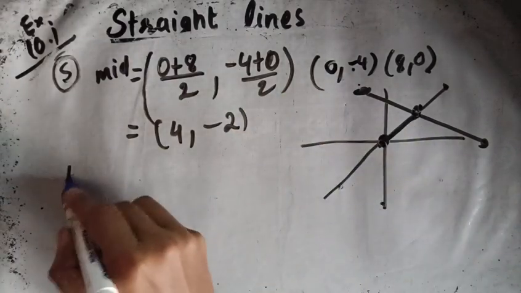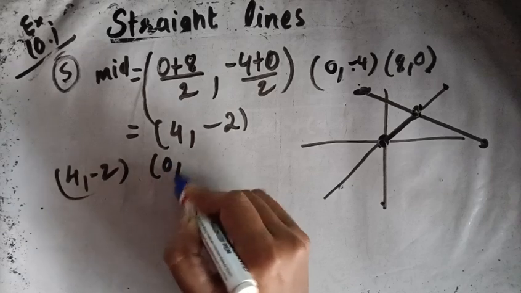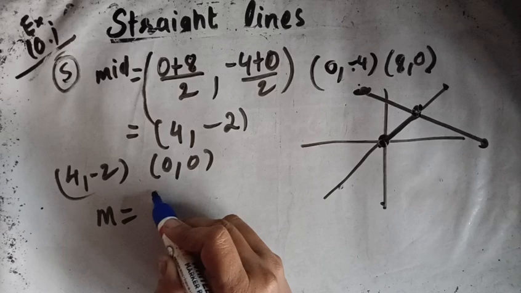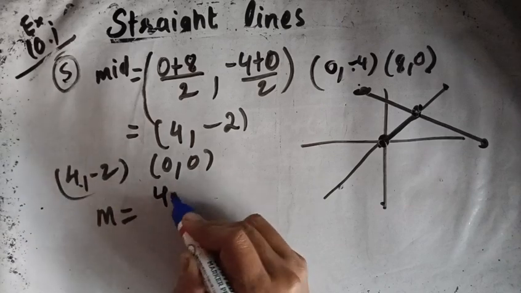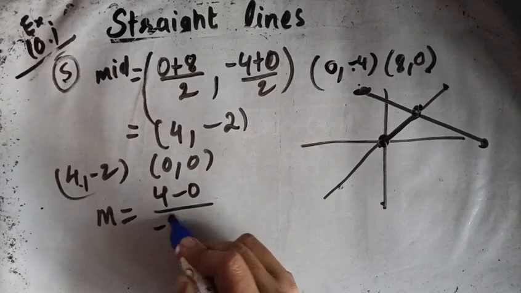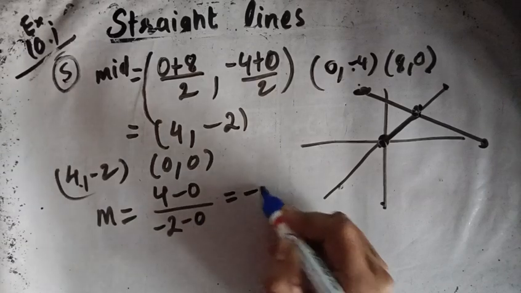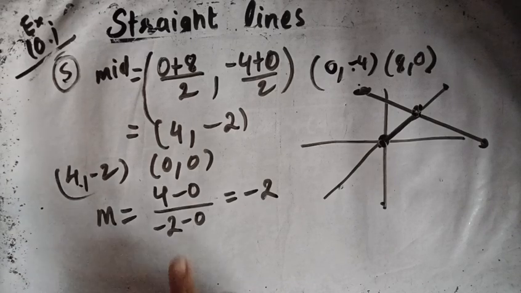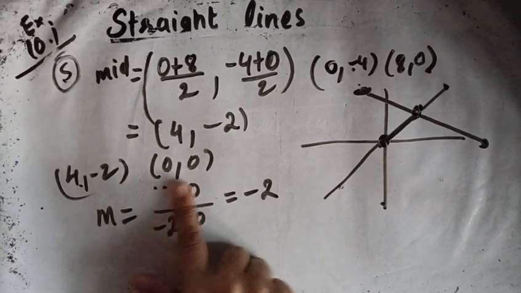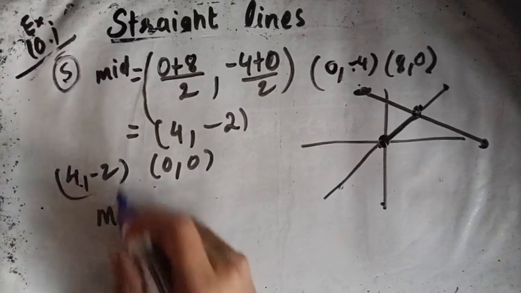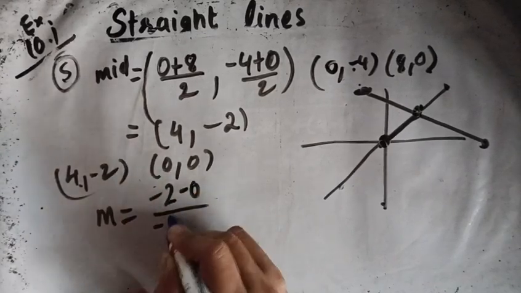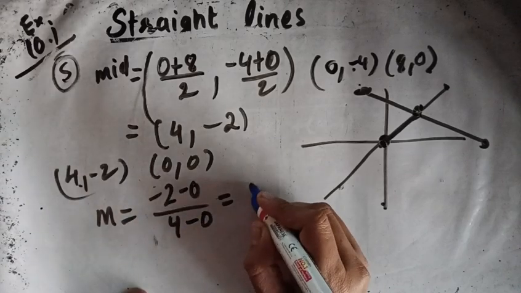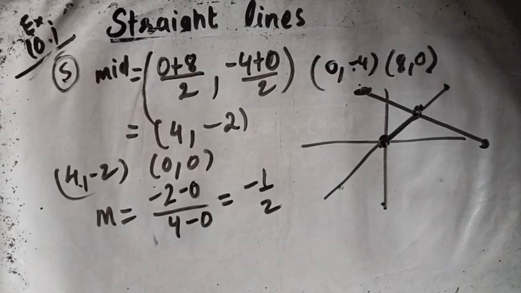Now we have to take 4 comma minus 2 and 0 comma 0 and find the slope. y2 minus y1, suppose this is y2, x2 minus x1. So this is minus 2. Slope is minus 2. Oh, sorry, I took x. y2 minus y1 and x2 minus x1. So this is minus half. Okay.